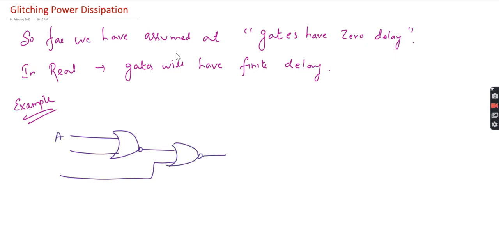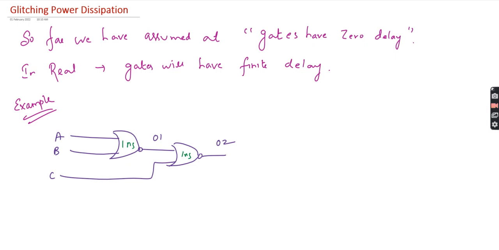So I'll take inputs A, B, C. Now this will be your output O1 and this will be your output O2. Now I'm going to introduce a delay. I introduce a unit gate delay of 1 nanosecond each. If I do not introduce any delay, then that will be fine.